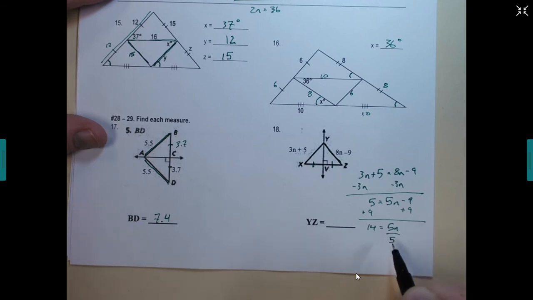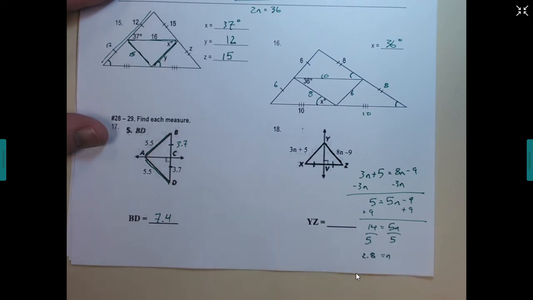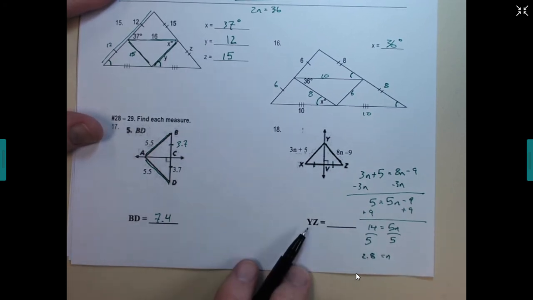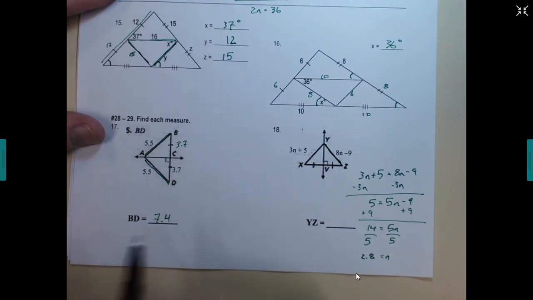And divide by 5. So n happens to be, 5 goes into there 2.8 times. But they actually didn't ask for n, they want YZ. So I would have to plug 2.8 into here.